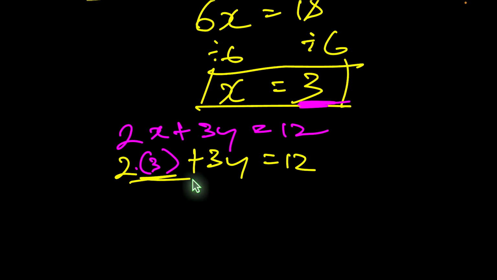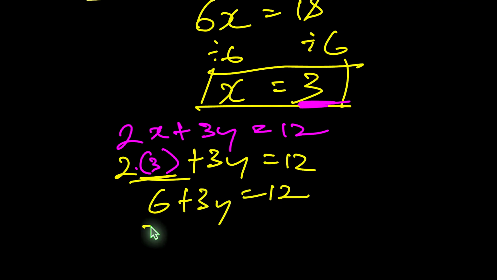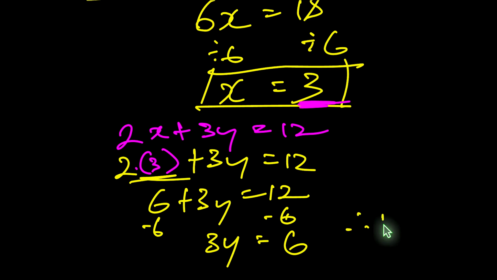So 2 times 3 there, that's 6, plus 3y equals 12. So when we take away 6, we end up with 3y equals 12 minus 6, which is 6. So therefore, y is equal to 6 divided by 3. So y is equal to 2. So we get the value of x and we get the value of y in this instance.